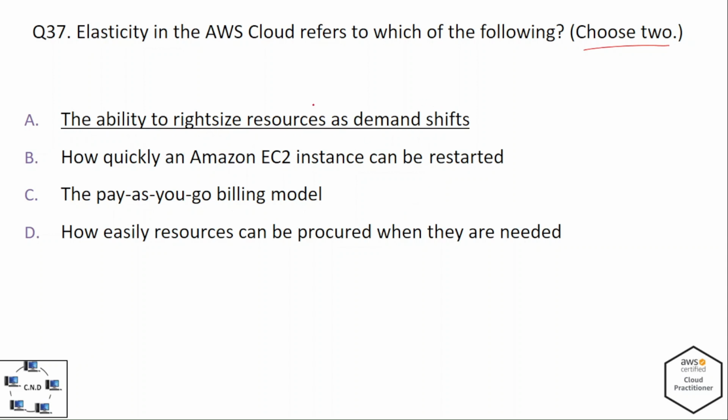And the correct options are the ability to right size resources as demand shifts, and how easily resources can be procured when they are needed. These two are the benefits of elasticity in AWS cloud.